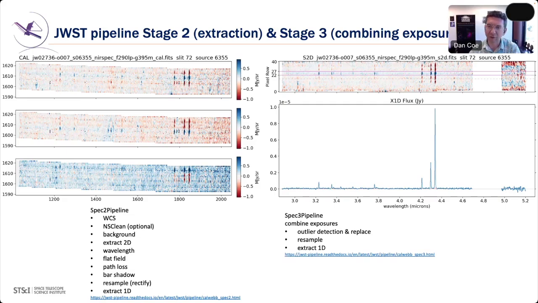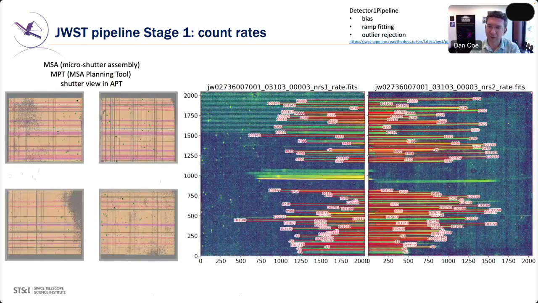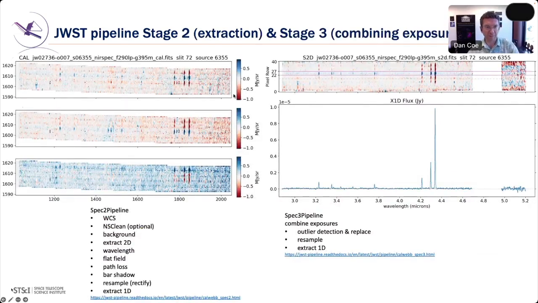As I showed over here, these spectra often span 2 detectors. So from spec 2, it'll just process one of them, and then from spec 3, it'll put them both together and subtract one from the other. So you get this final 2D extraction. Here I show the rectified version, so it's more like a rectangle, and then the 1D extraction down here.